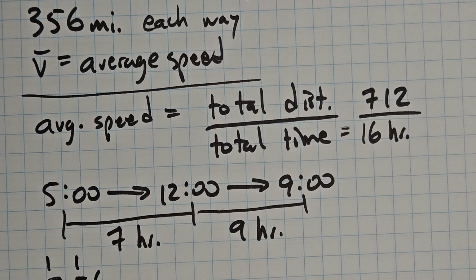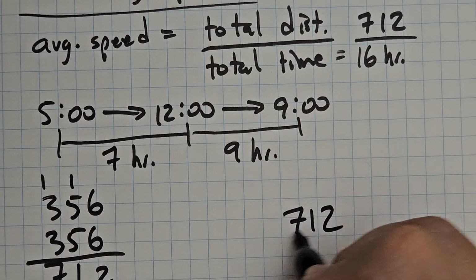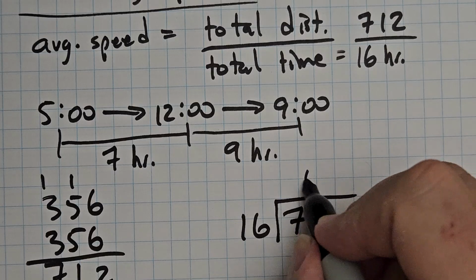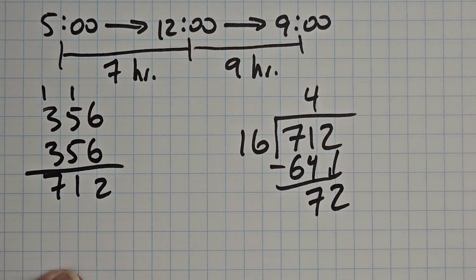We could probably reduce, but I'll go ahead and divide and then reduce either way. Let's do 712 divided by 16. It's not going to go into 7. It'll go into 71. 4 times is 64 with a remainder of 7. Bring down the 2.